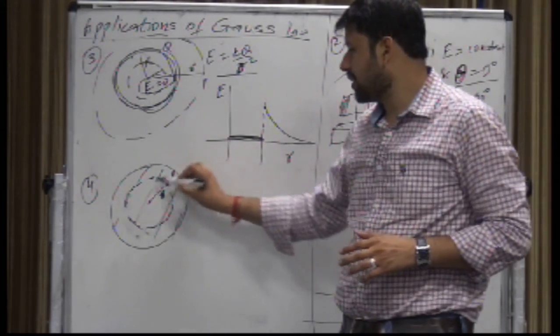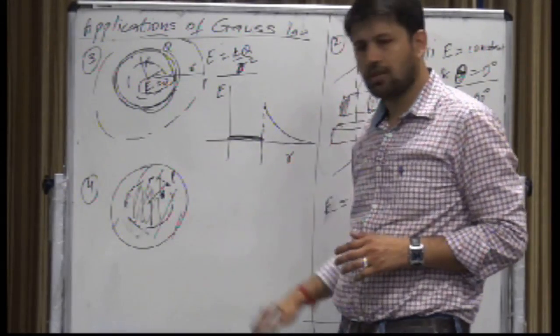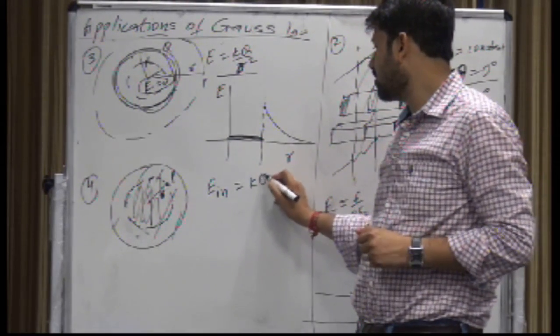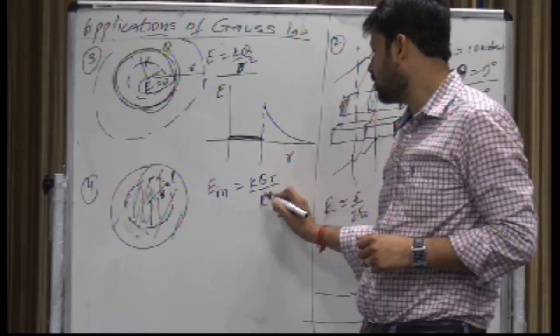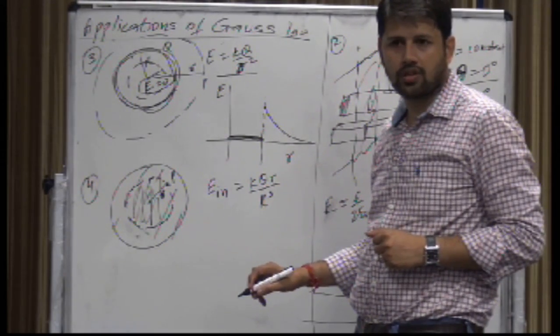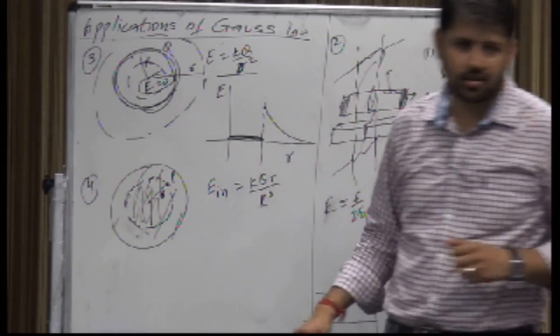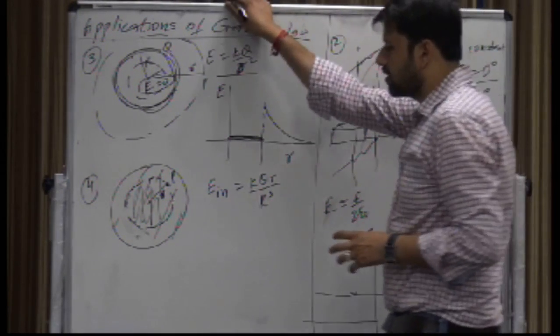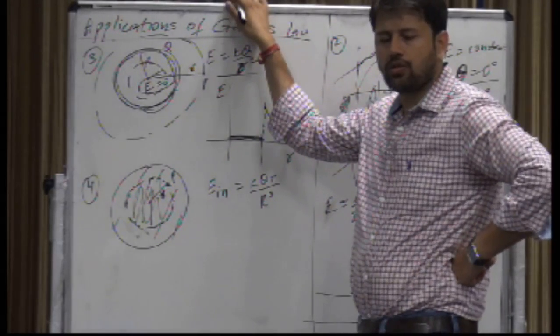So here you can take the inner portion, the field inside would come out to be KQR by capital R cube. Sir, in Gaussian surface we take the charge enclosed inside the Gaussian surface. We are drawing it on the point P, we consider it inside. We are placing charge. No, we are not placing.